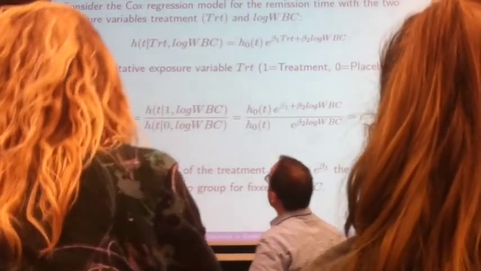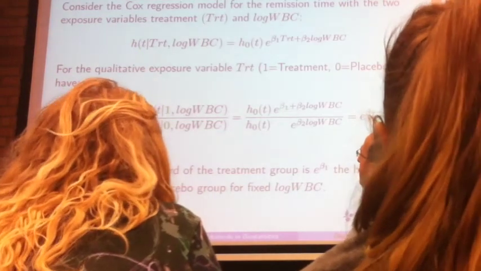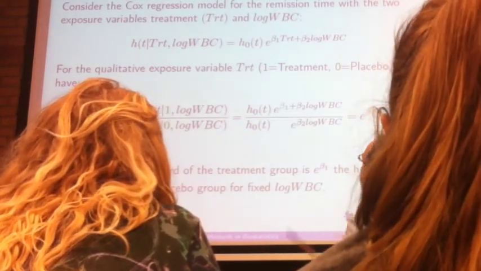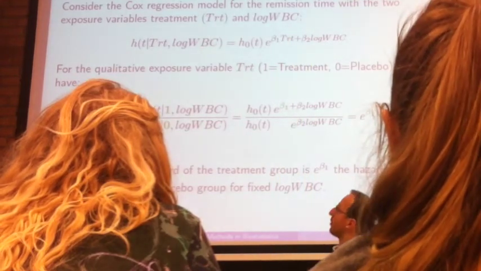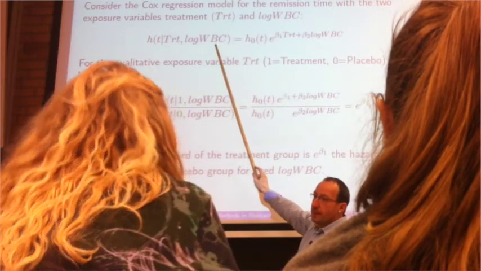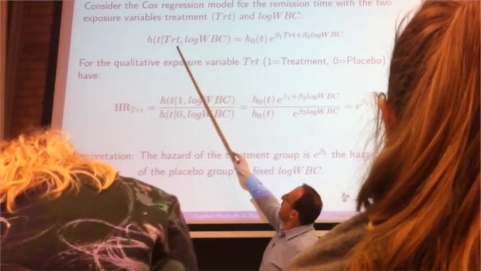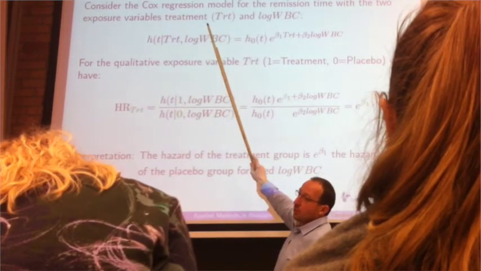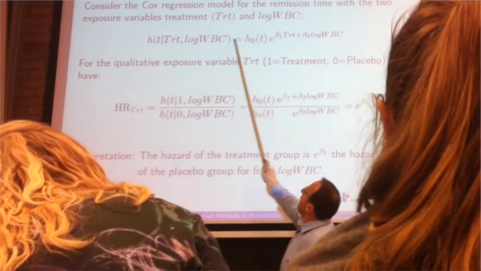In the first case, I consider the Cox regression model for the remission time with two exposure variables, which are the treatment and the logarithm of white blood count cells. So I would like to model the hazard function as a product of the baseline hazard and e to the power of the dependence on treatment and the logarithm of white blood count cells, for each time point.